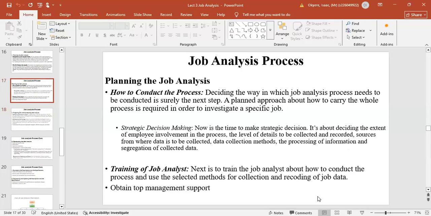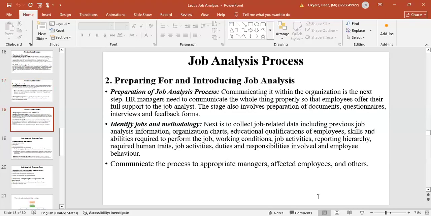Remember, I said that we need to identify whether we are going for job specialists or analysts, or a member from the organization. That is what is done at the planning stage. But at the preparation stage, we need those people.